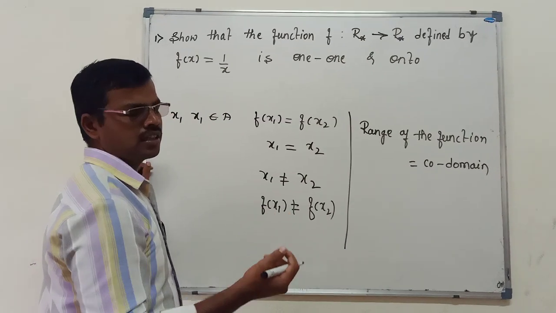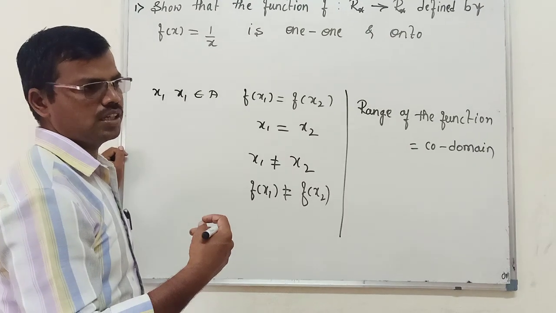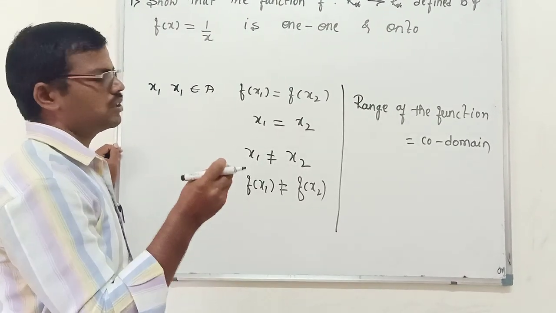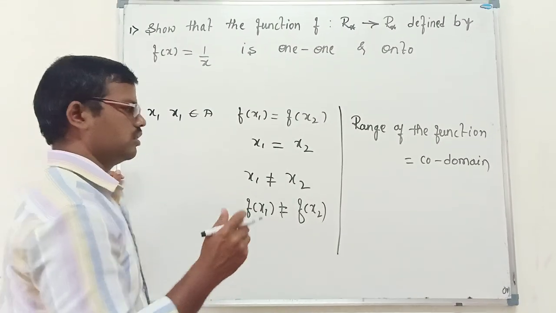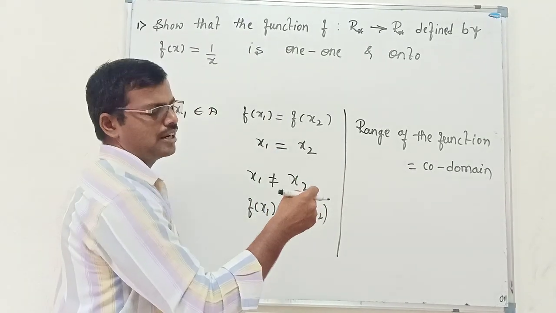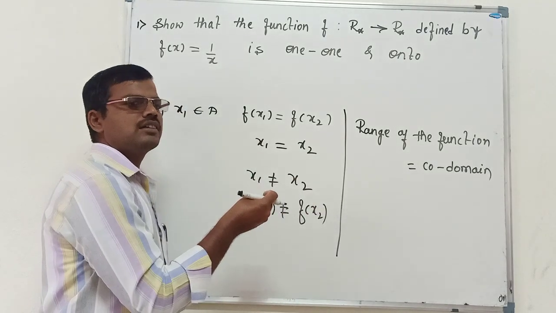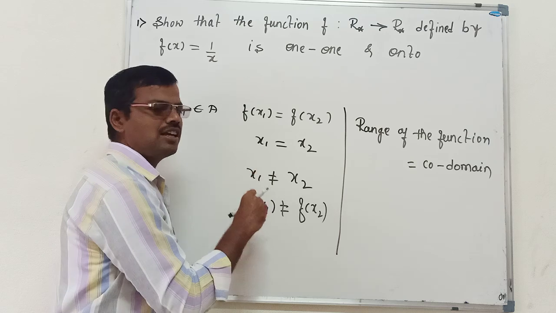And we have another method to identify. Almost always we use that method to identify whether the given function is onto or not. For every element of the codomain we should have at least one pre-image in the domain.